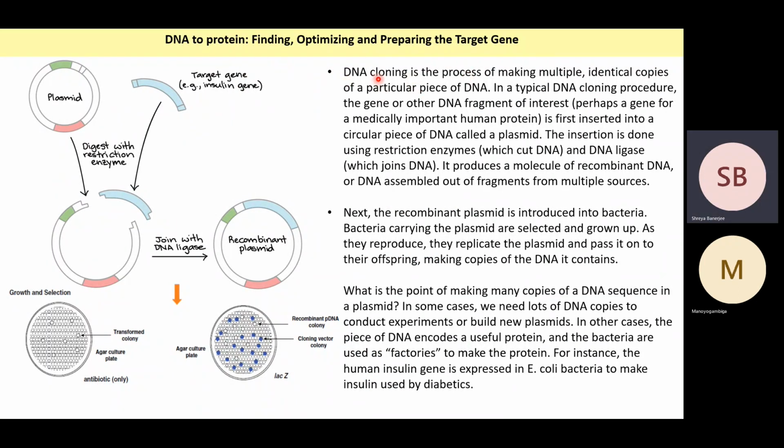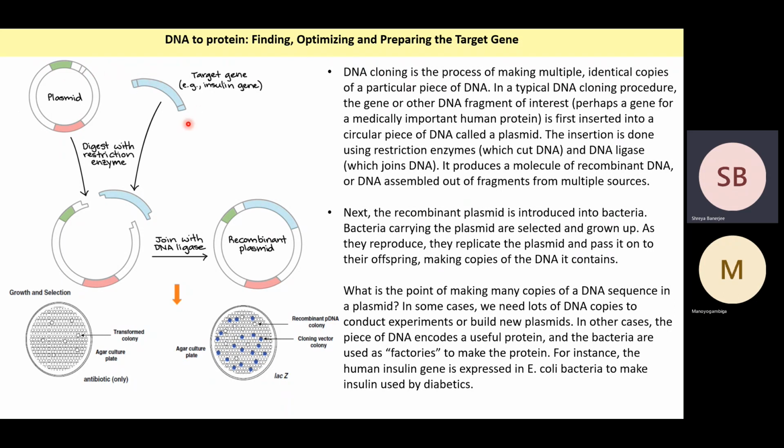Firstly, what is DNA cloning? DNA cloning is the process of making multiple identical copies of a particular piece of DNA. In a typical DNA cloning procedure, the gene or other DNA fragment of interest is first inserted into a circular piece of DNA called the plasmid.